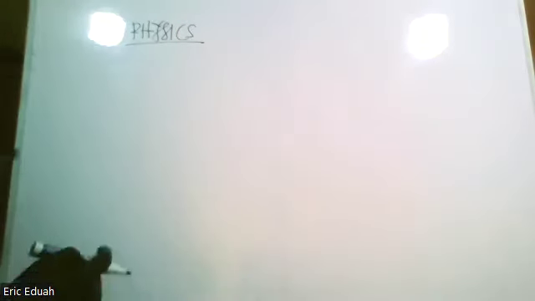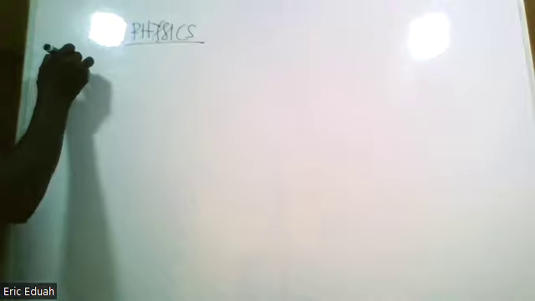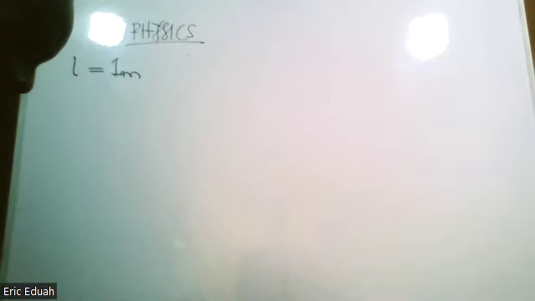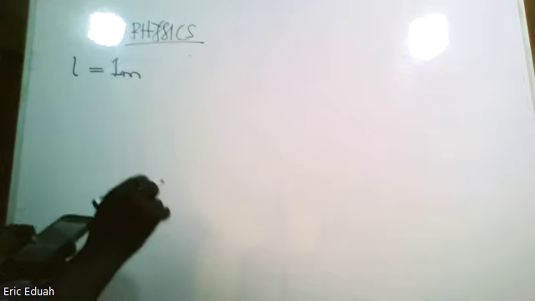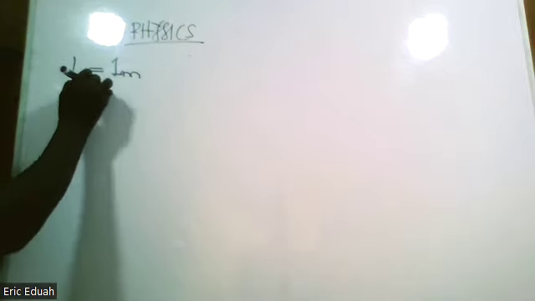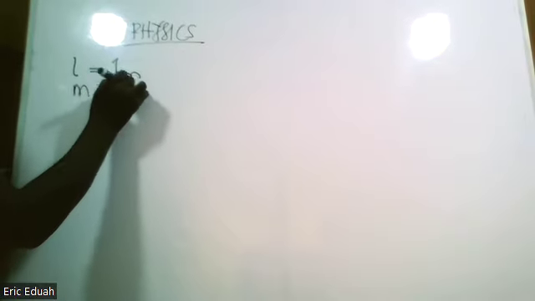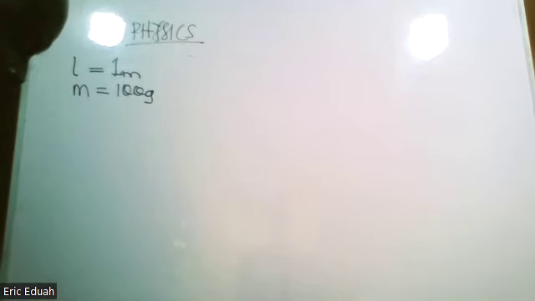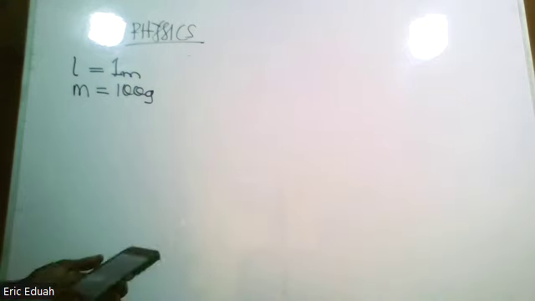Question 2: a string of length 1 meter is fixed at one end and carries a mass of 100 grams, so the mass of the sphere is 100 g, at the other end. The string makes 2 over pi revolutions per second.